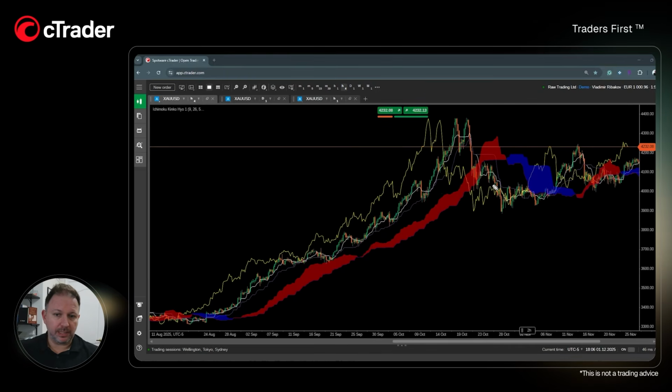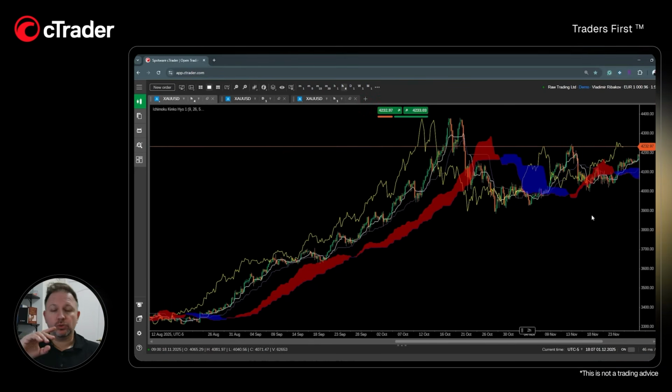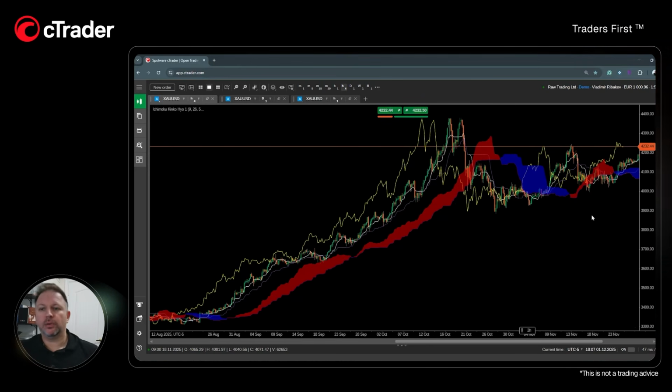And once the price is below the cloud and the yellow line goes above the price, look for the cloud as a potential dynamic resistance. So this indicator can help you to spot your opportunities in trend markets, for early reversal signs, and also predefine dynamic support and resistance.